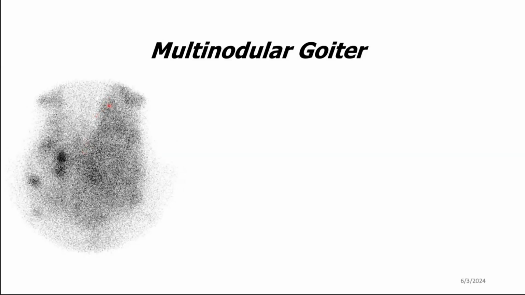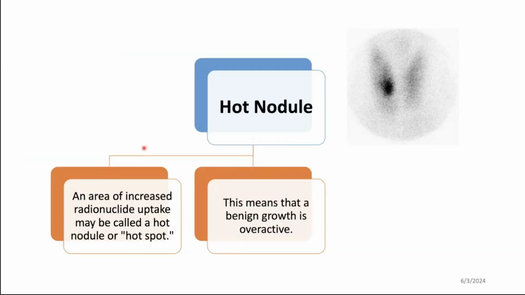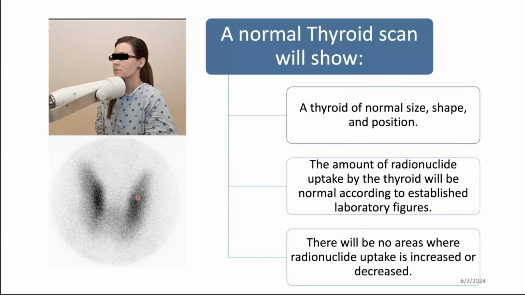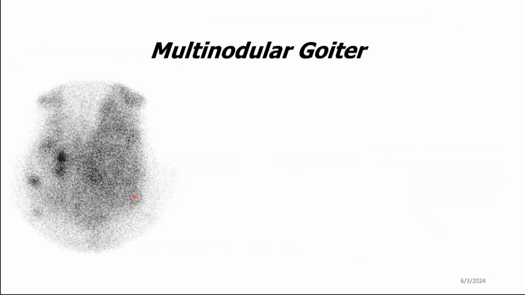Okay, so a different condition. Here we see the entire gland is markedly enlarged. It looks much larger than the normal image that we looked at here. And not only enlarged, but there are multiple different nodules. Some of them are hot, like these, and some of them are cold, like these.